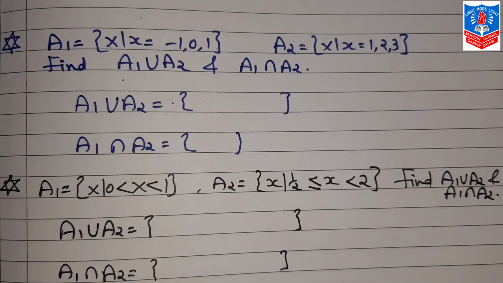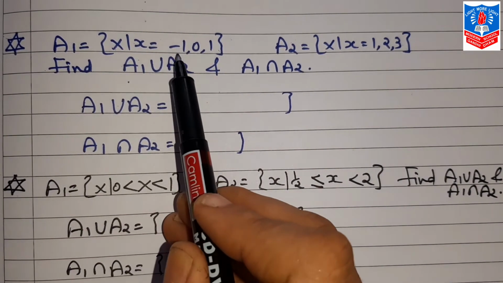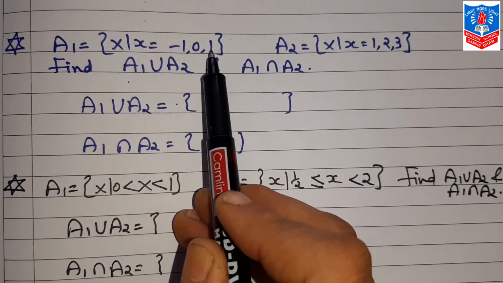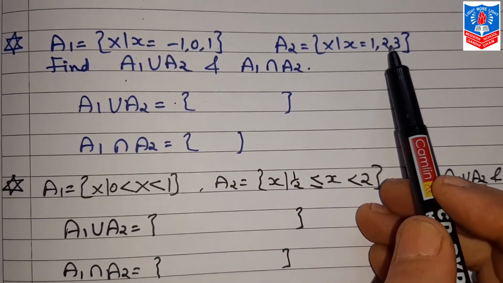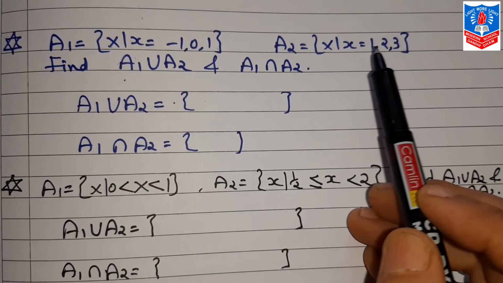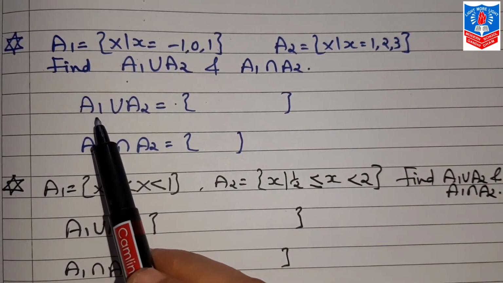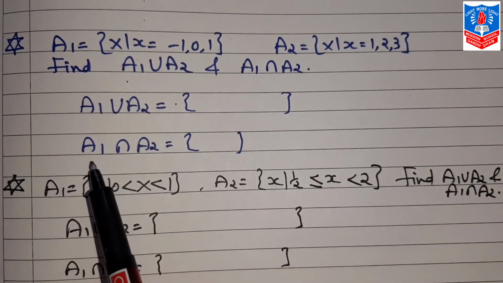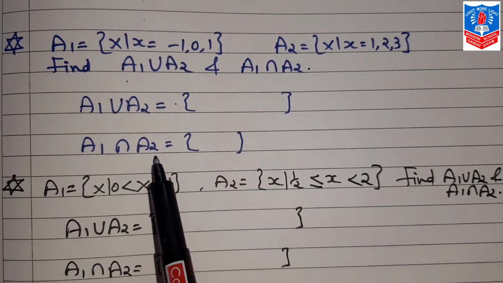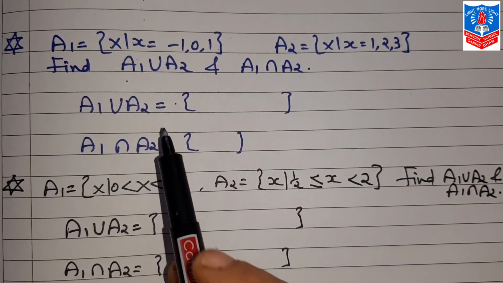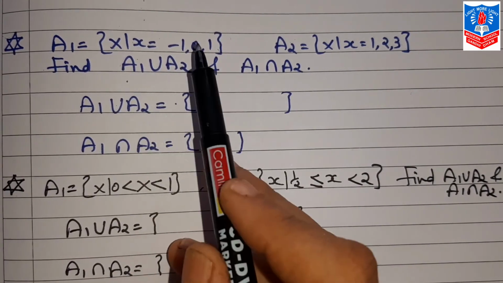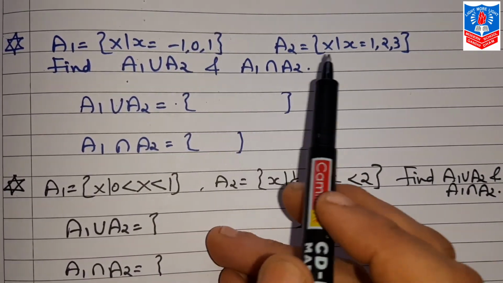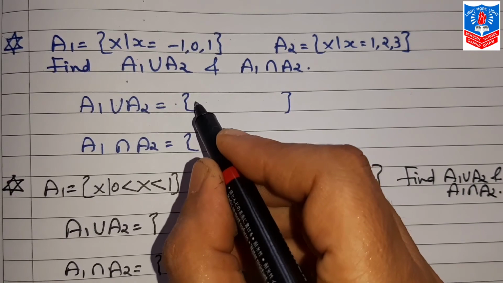Next sum is where A1 is given -1, 0 and 1, while A2 has the value of x as 1, 2 and 3. Based on these two, we are supposed to find A1 union A2 and A1 intersection A2. Now it's very simple. Union of A1 and A2, whichever values are there in both, we have to write.